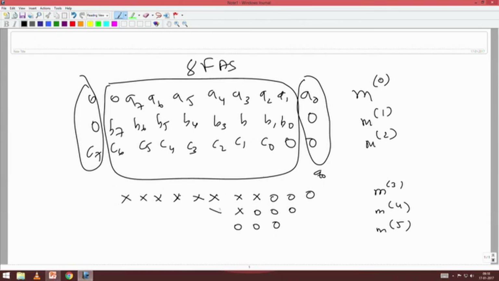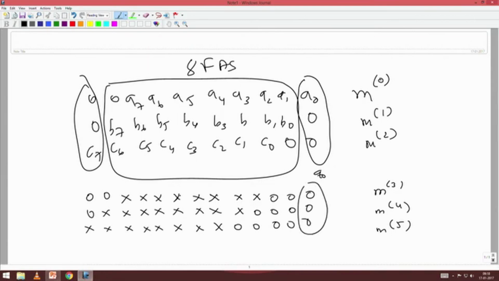And I will have 1, 2, 3, 4, 5, 6, 7, 8. Then I have 1, 2, 3, 4, 5, 6, 7, 8. So I do not need an adder for this, for this, for this, for this, and also for this, right. These are easily, I do not need a full adder for that. So I need a full adder only for 1, 2, 3, 4, 5, 6, 7, 8. Are you able to appreciate this, right?